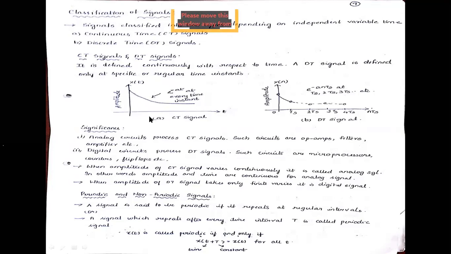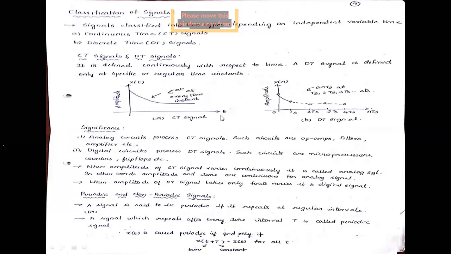For every instant of time, it slowly decreases. When the amplitude of a continuous time signal varies continuously, it is called an analog signal.